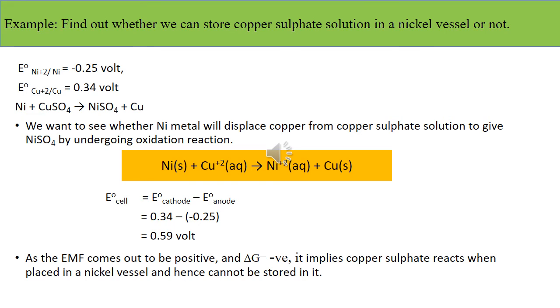Therefore, this forward reaction is spontaneous, and we get delta G as a negative value. It implies that copper sulfate reacts when it is placed in a nickel vessel, and copper sulfate will undergo reduction and change to copper. Therefore, we can't store copper sulfate in a nickel vessel.